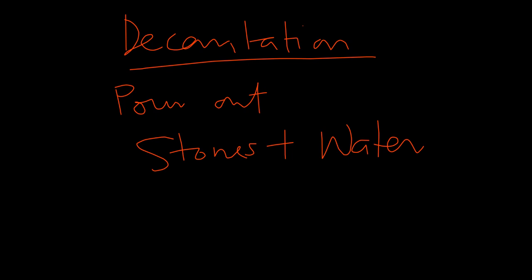So I wouldn't say much about decantation. But the important thing for us to note is this. We use this method of decantation when you have a mixture of liquid and solid, and the solid should be an insoluble solid.